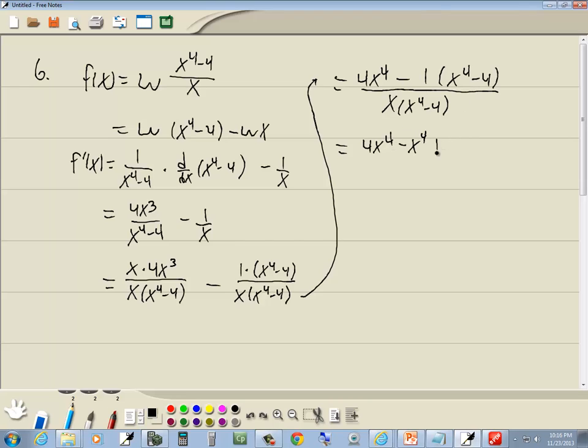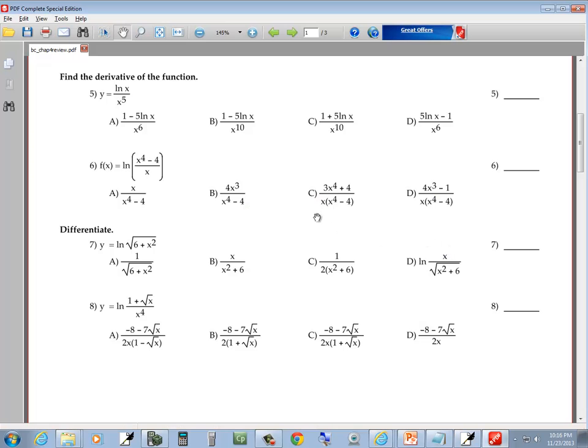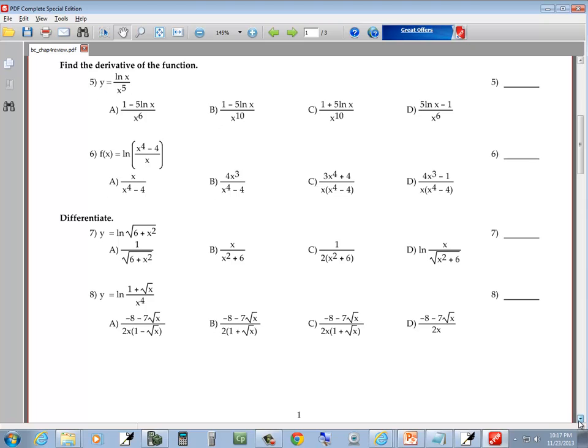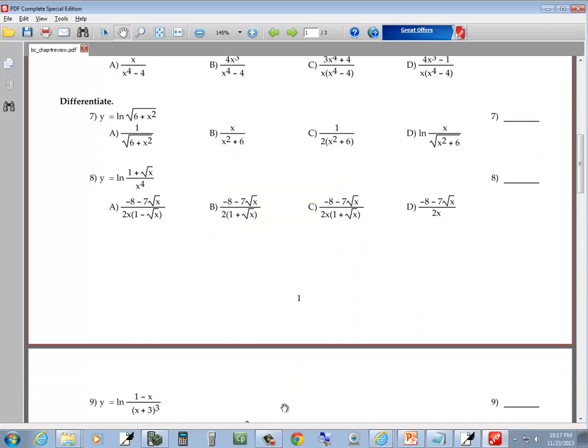Negative 1 times negative 4 is a positive 4 over x times x to the fourth minus 4. 4x to the fourth minus x to the fourth is 3x to the fourth plus 4 over x times x to the fourth minus 4. Looks like C. Okay, number 7.